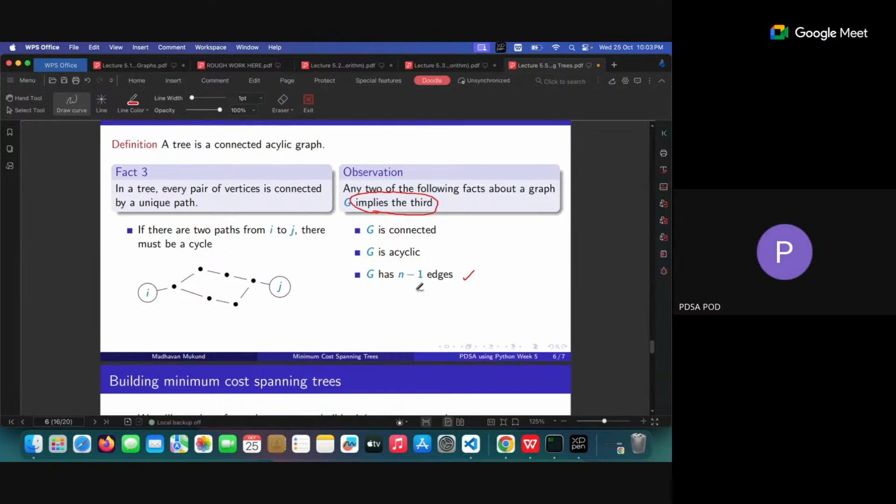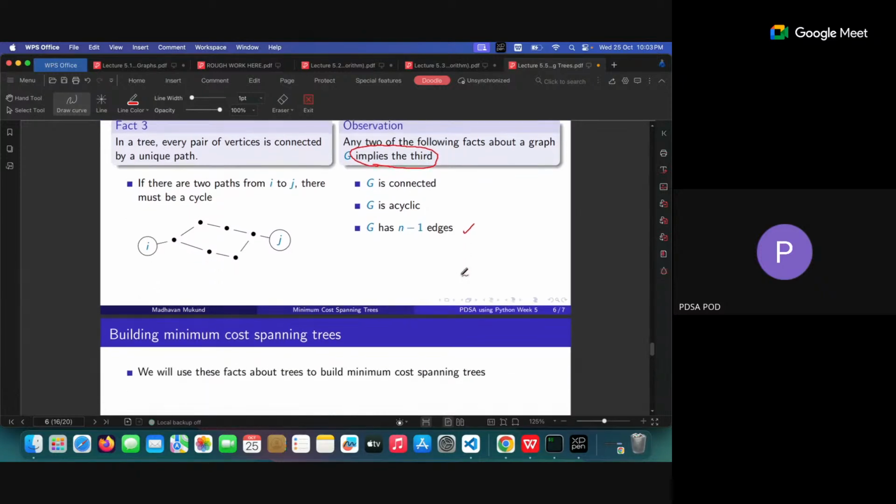For example, if an acyclic graph has n minus 1 edges, definitely it's a connected graph. If two of them are there, the third one is there. If the graph is connected and has n minus 1 edges, definitely it's an acyclic one. So if two facts are true, definitely the third fact follows. That is the one observation they made. So this is about that.